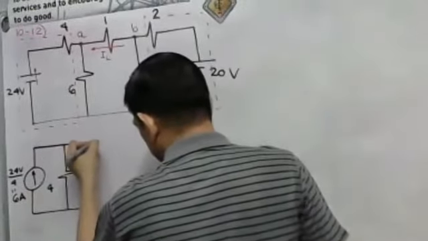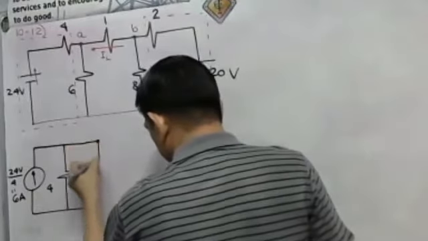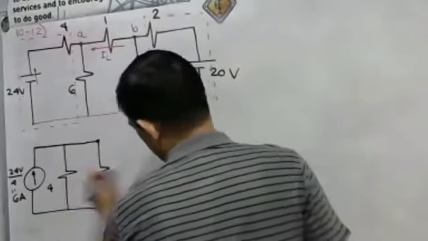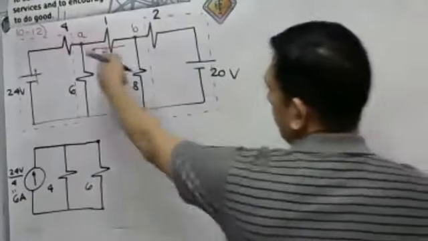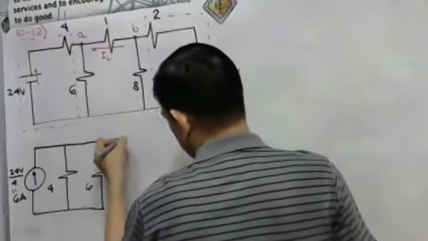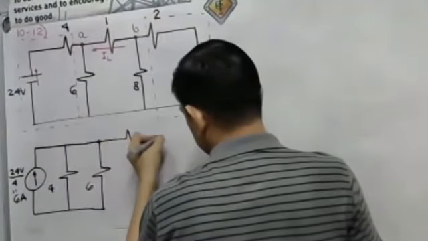Let's say this is our point A. Then this is our 6 ohm resistor. Then we have our 1 ohm resistor here, which is our load resistance for this case.